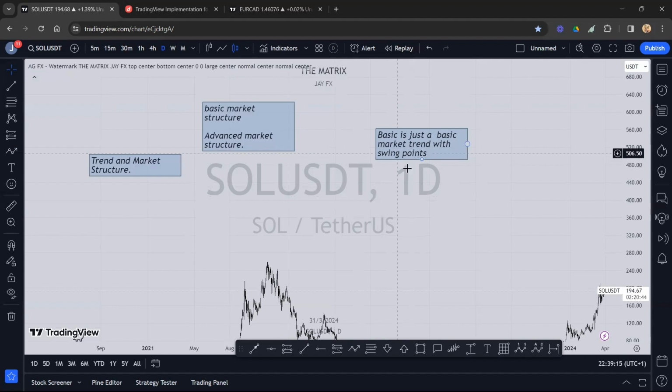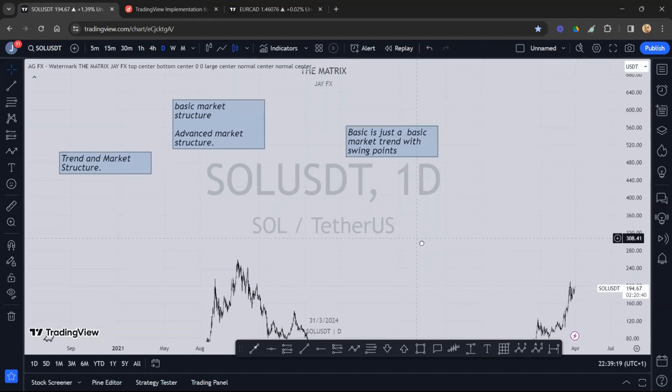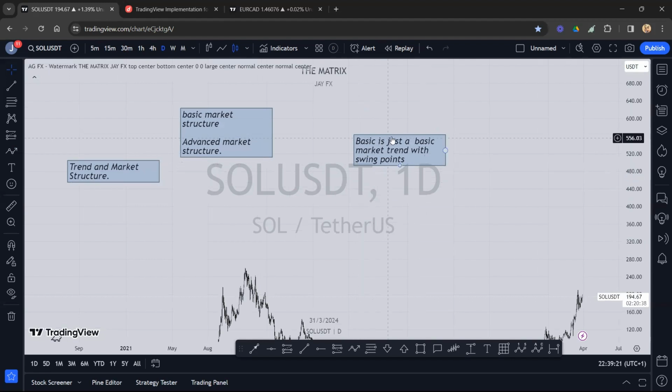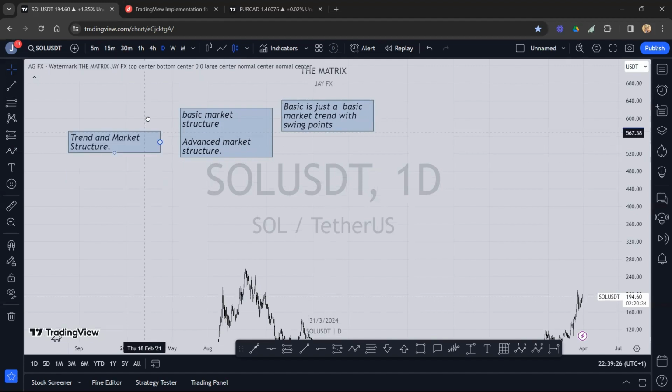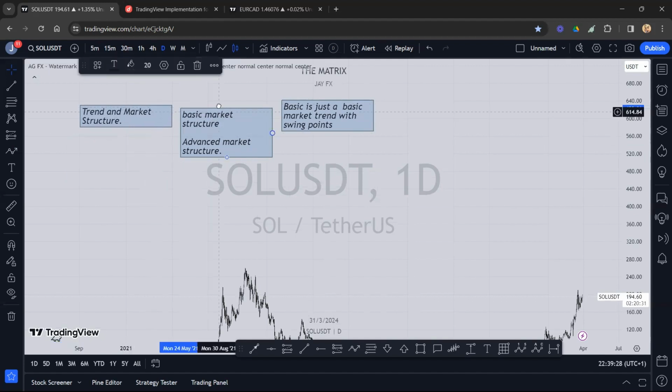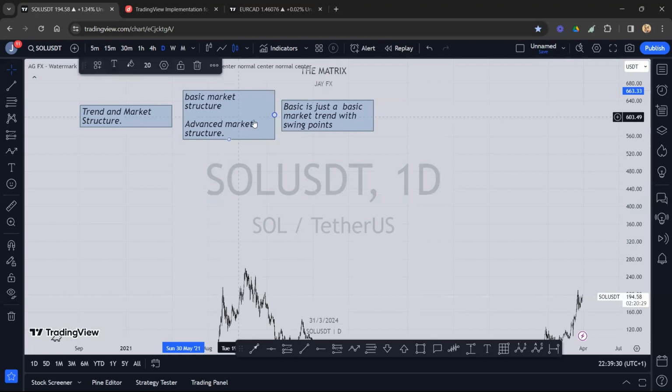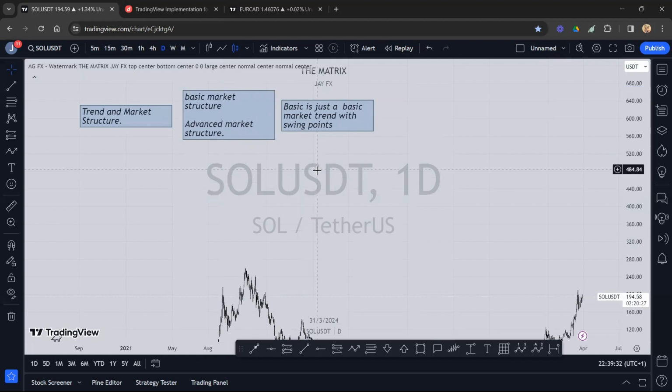I'm going to teach you what swing points are. Okay, and I'm going to give you assignments so that I'll be sure you understand what you brought into this class. So now let's look at basic market structure with swing points.